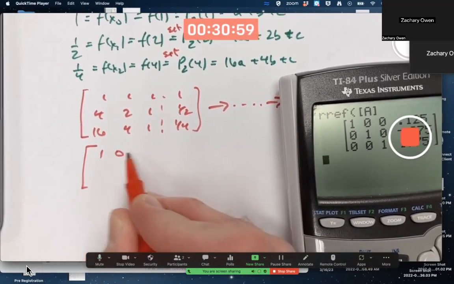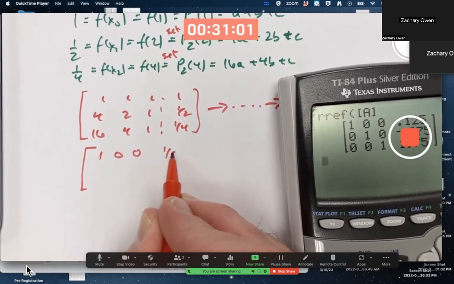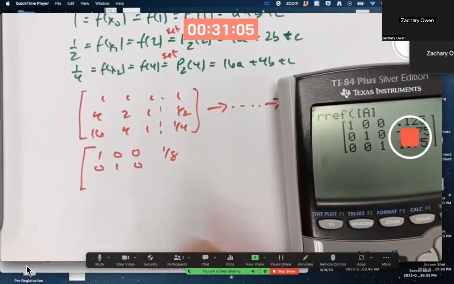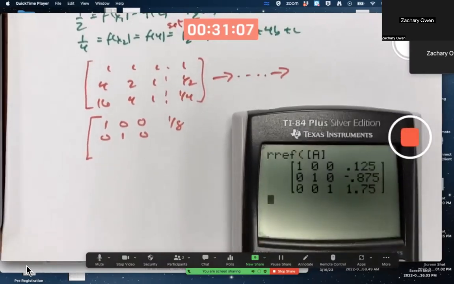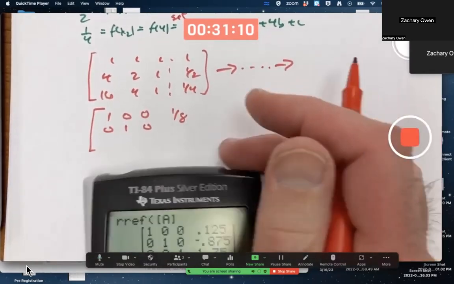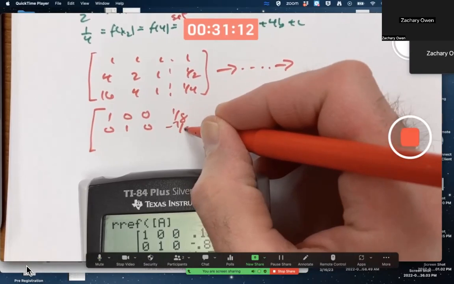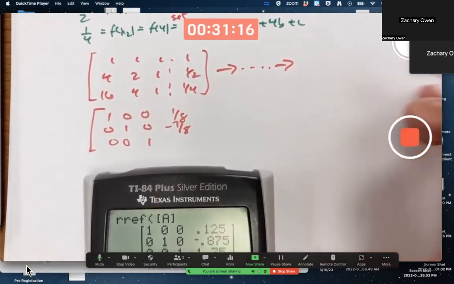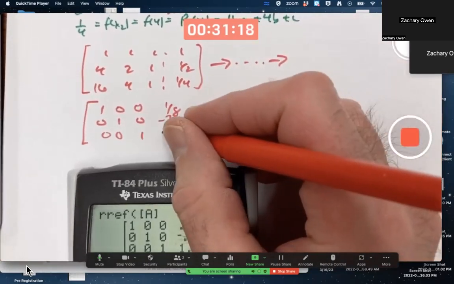If we're writing this out, little b is -7/8 as a fraction, and little c is 1.75, 7/4.